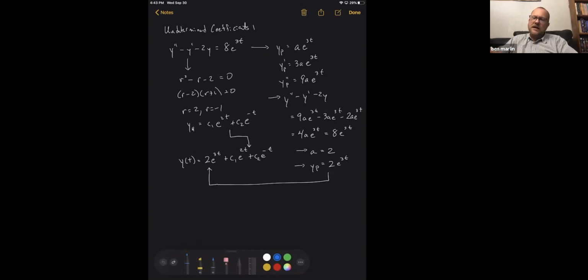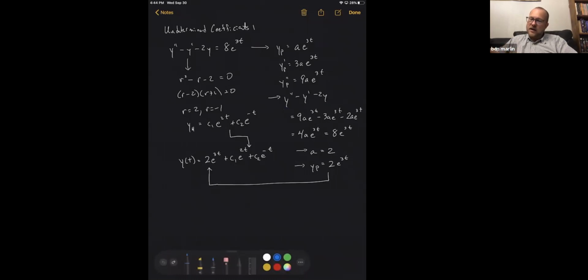So we're going to say that y sub p is just a e to the 3t, and then because our differential equation has 2 derivatives in it, we're going to take those derivatives, get 3a e to the 3t and 9a e to the 3t, and then we're just going to plug back into the left-hand side. So just replace the y double prime and the y prime and the y with those expressions that we just got.